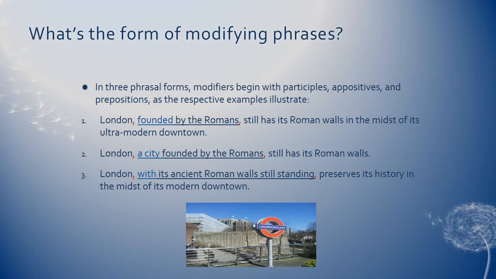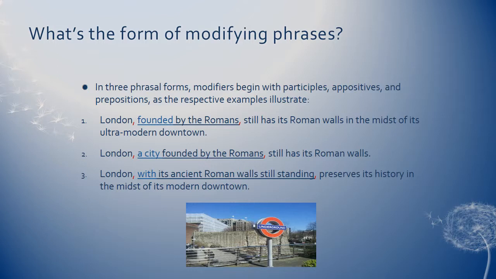And so here we have a past participle, founded, which begins the modifying phrase here. And it interrupts the sentence, in a sense, because the sentence would make sense if I said London still has its Roman walls.